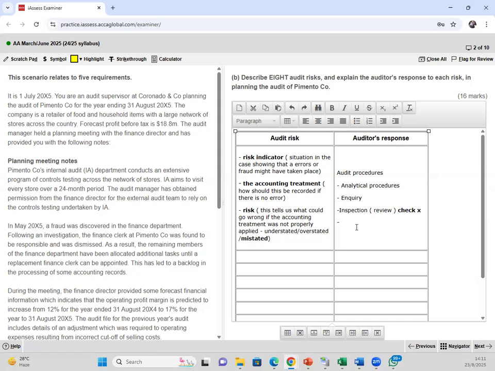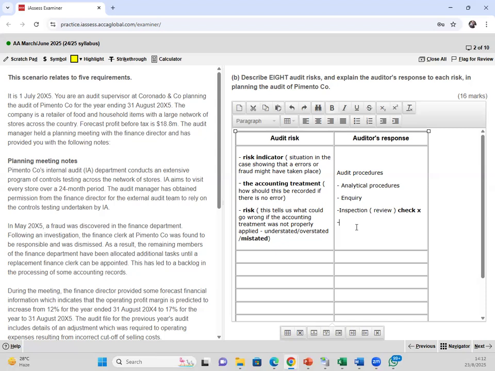Now, let's move on. So inspection, the key point is let it be specific. What are you inspecting? Let it be specific. Which procedure are you using? If you're reviewing, let us know which book. Of course, if it's a response, we don't need to know the assertion.